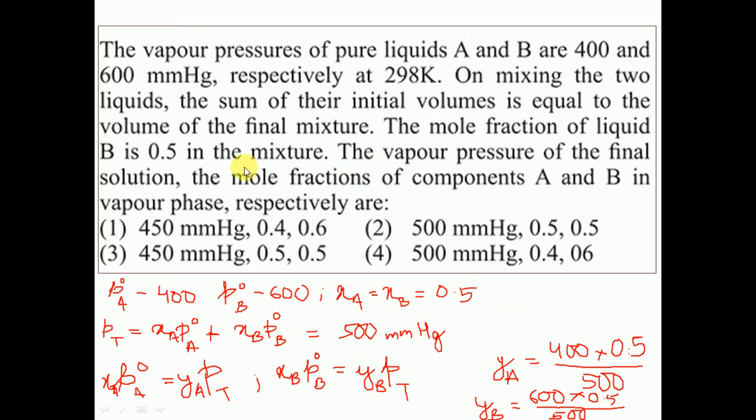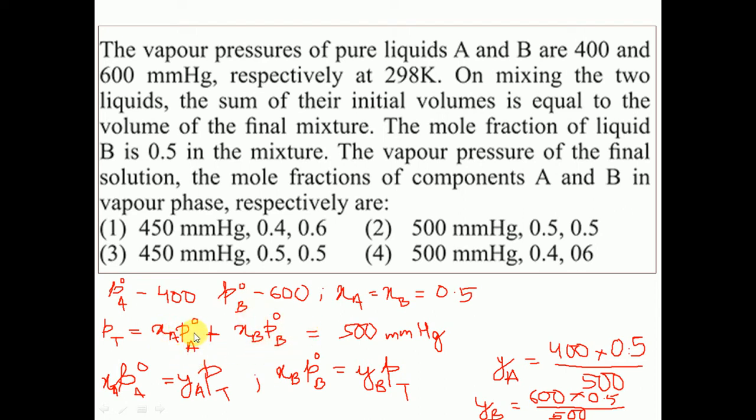So as we have XB, we can calculate XA, and that will also be equal to 0.5. So now we have P naught A, P naught B, XA and XB. From Raoult's law, we can calculate the total pressure over the solution by adding the partial pressure of A and the partial pressure of B over the solution, right?